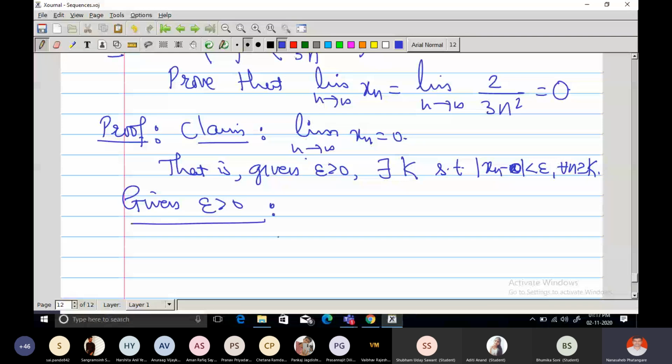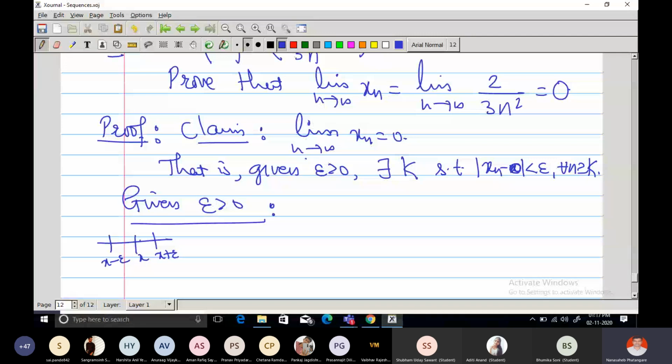Last time I explained this, what is the philosophy behind it? Suppose somebody asks you to prove that limit is 0 or limit is x, then you say that limit is x or limit is 0, whatever that number is. Then the person will ask you, okay, how will you prove? That means you will say, give me any epsilon, then this is x plus epsilon, x minus epsilon. I will give you k.